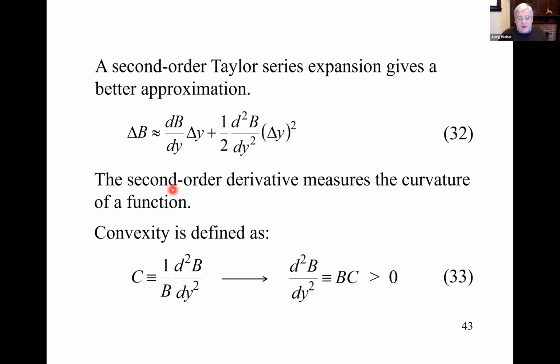Now, the second order derivative here measures the curvature of the function. So convexity is defined as the second order derivative divided by B. Or if you multiply B by convexity, then you have here the second order derivative. And because the curve is convex, this second order derivative is positive.